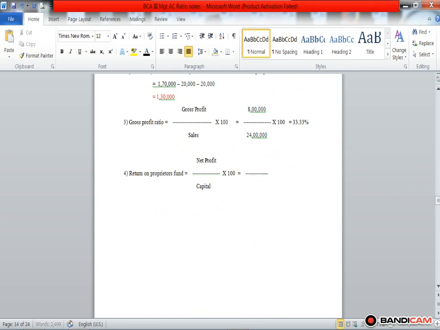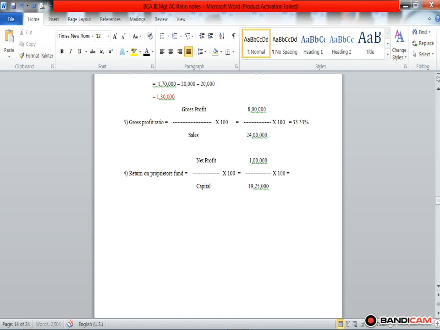Okay, so here net profit is equal to 1 lakh divided by capital. Okay, so capital is 19 lakh 25,000, multiplied by 100.